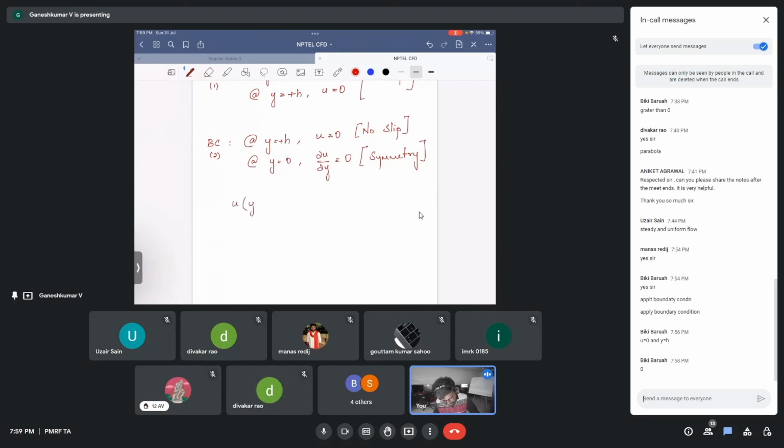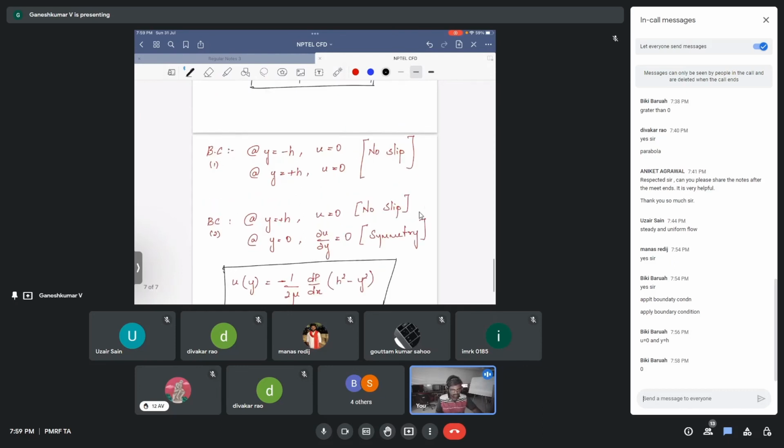I will leave the derivation to you guys as homework. If you find difficulty, you can come and ask me in the next session. It would be 1 over 2 mu dp by dx, which is actually g, times h square minus y square. Based on time availability, I'm giving the final result.